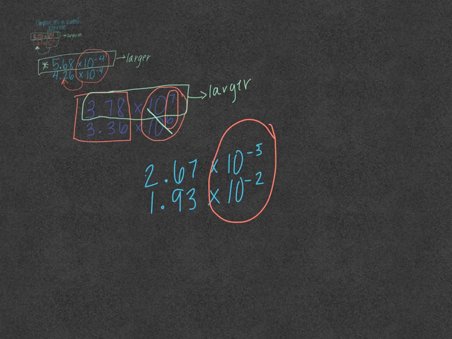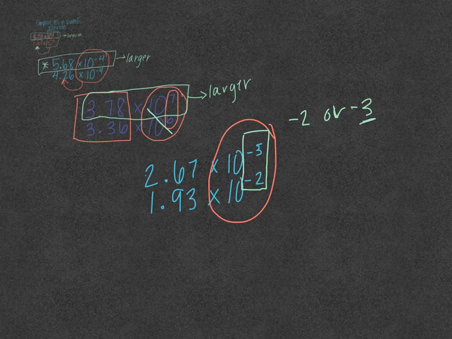Their coefficients are similar, but we can right off the bat see that their powers of 10 are different and use that to compare them. So here we have -3 and -2. Now you're going to have to put a little bit of thought into this. Which one is bigger, -2 or -3?